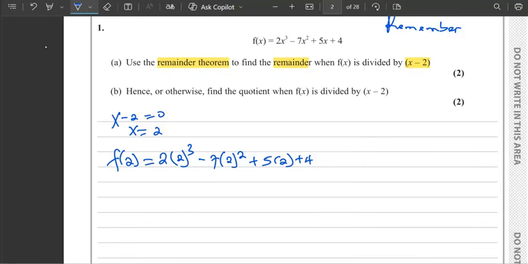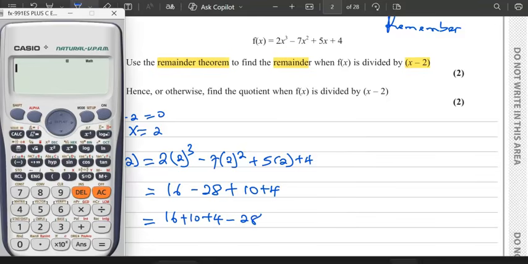When we simplify, 2 power 3 is simply 8, and 8 times 2 gives you 16. So this one will be 16 minus 2 power 2 is 4, 4 times 7 gives you 28, then plus 5 times 2 is 10, then we add 4. Simplifying further, we can start with 16 plus 10 plus 4 minus 28.